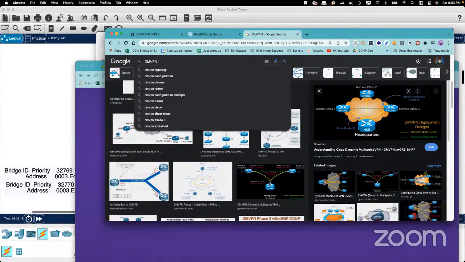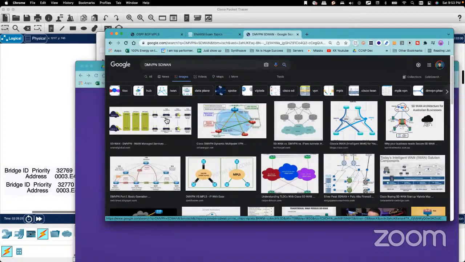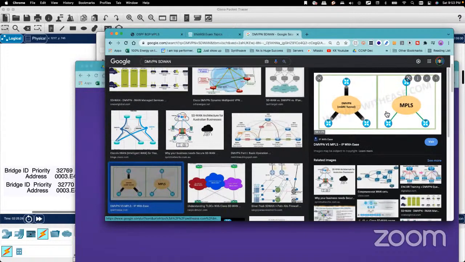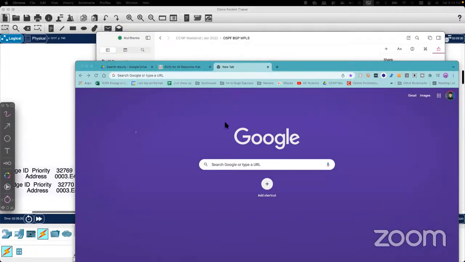DMVPN and SD-WAN are actually similar kinds of things. You can say both are used to connect the locations with each other. Both are VPNs. Let me give you a basic idea on VPNs, because somebody was asking about VPN.